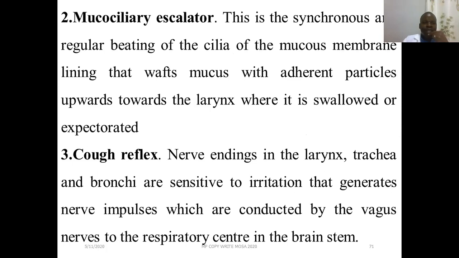The other function is mucociliary escalator. This is the synchronous and regular beating of the cilia of the mucous membrane lining that wafts mucus with adherent particles upwards towards the larynx, where it is swallowed or expectorated.